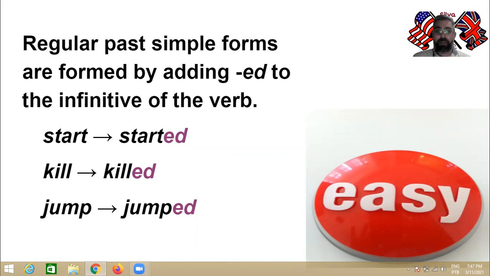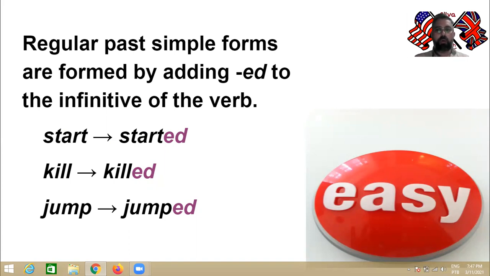You grab the infinitive form of the verb, you add ed at the end of it, and poof, just like magic, it's there. So look at those examples right there. Start, started. Kill, killed. Jump, jumped. Notice that we just add ed.